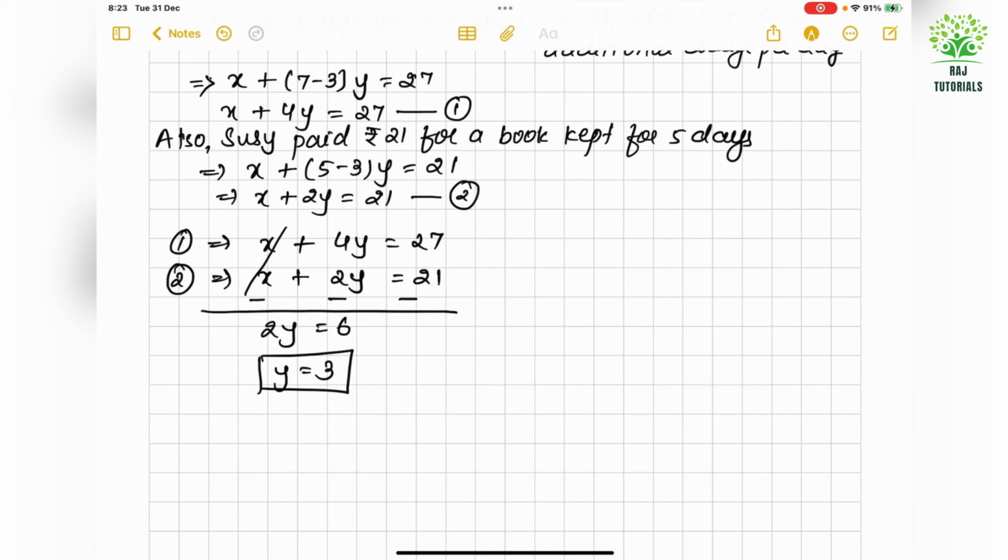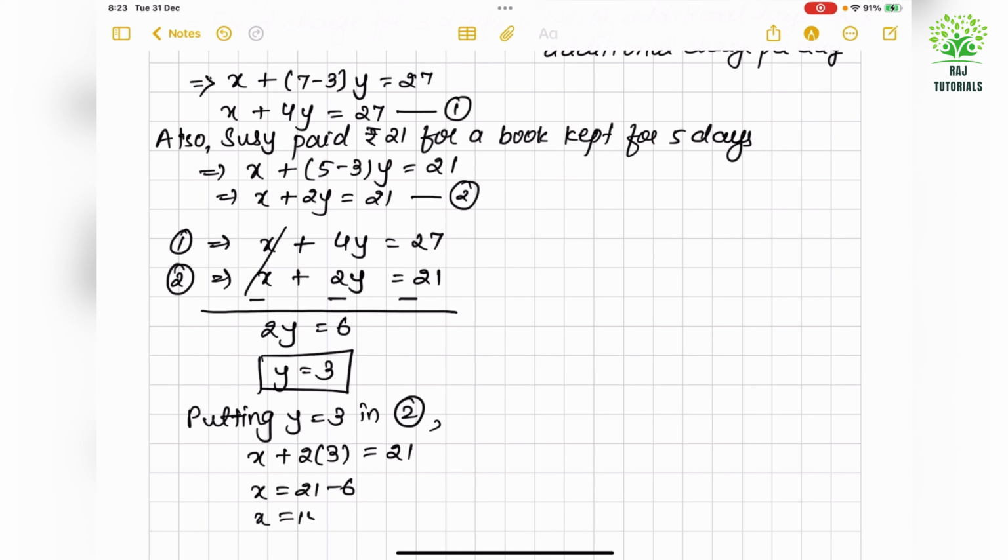Now putting y equal to 3 in 2, x plus 2 into 3 equal to 21, so x equal to 21 minus 6. So x will be 15 rupees.